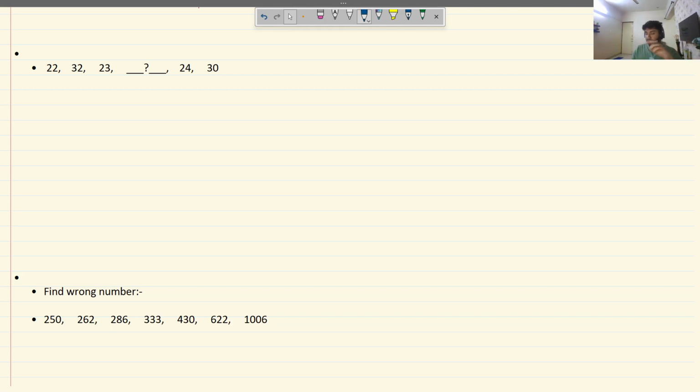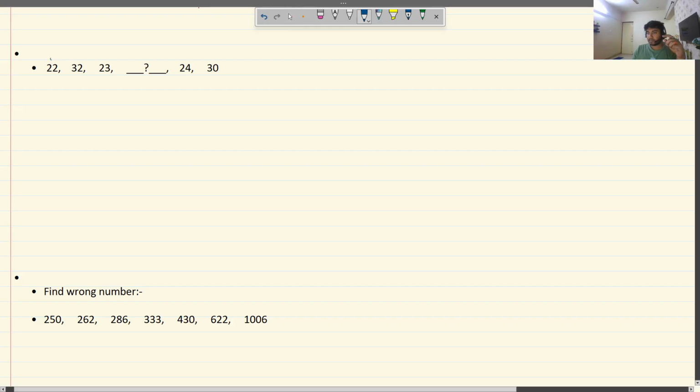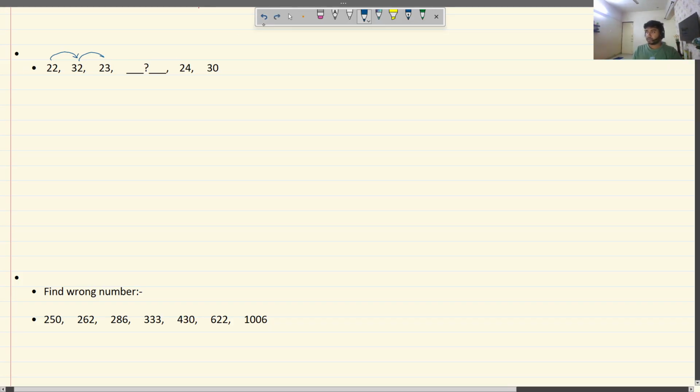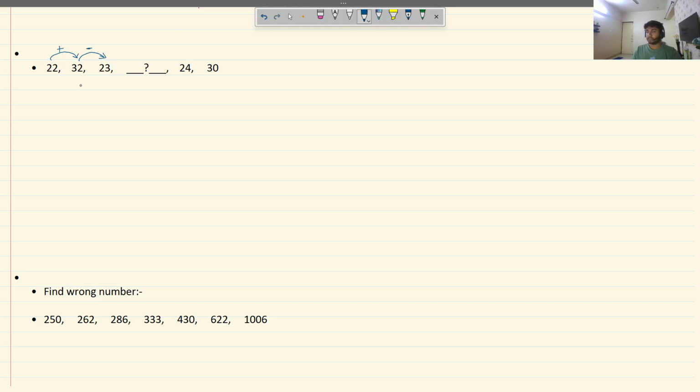But what I am noticing is that from first number to second number it is increasing, but from this second number to third number it is decreasing. That means there is a chance that something alternate addition subtraction is going on over there. So I'll think in terms of that. Here it is increasing, but here it is decreasing.